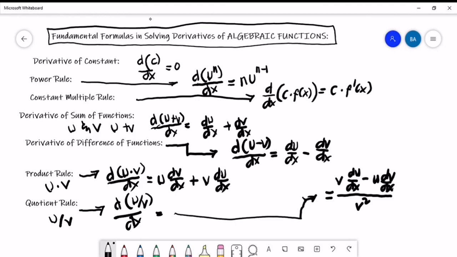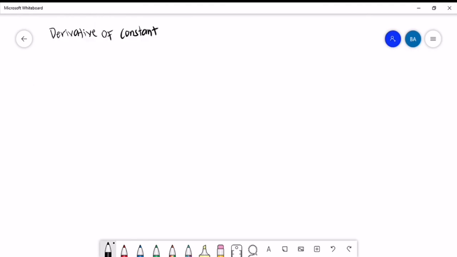So now let's try some examples. Our first example is about the derivative of a constant. For example, if we are going to solve, our functions are: y is equal to 8 plus pi, then the second is y is equal to 600, then the third is y is equal to e raised to 5.